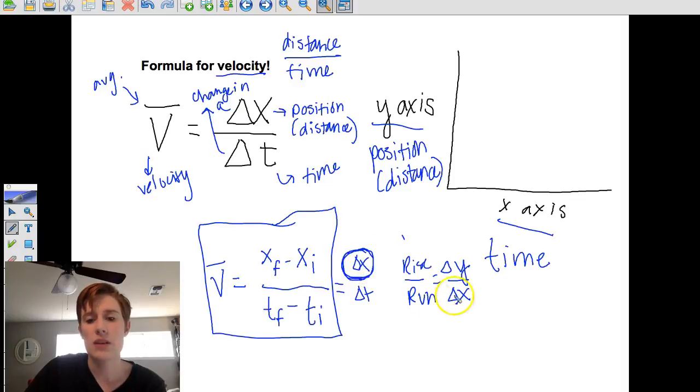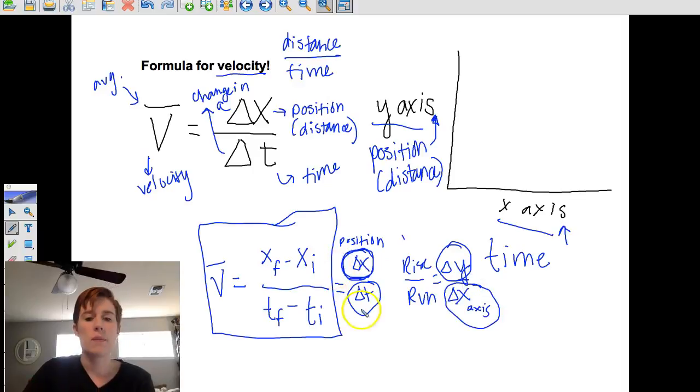And this x, by the way, is not the same as this x. This x is referring to the x-axis. This x, remember, is referring to position. So where do we find position graphed on our graph? Position, I just said, was on the y-axis. And what about change in time? Where do we find that? We find that right down here on the x-axis.